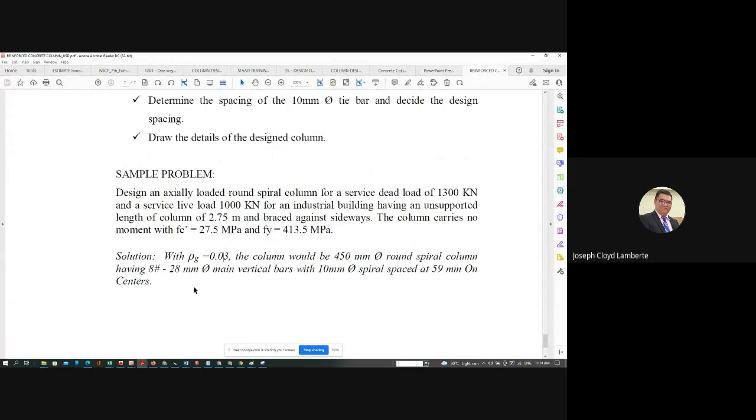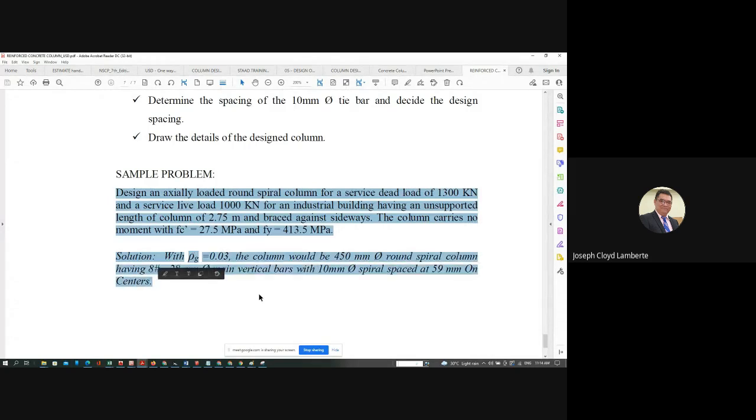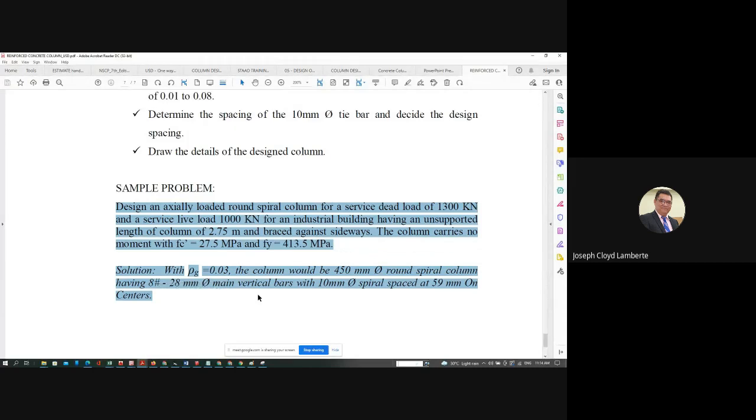So, my intention is for you to do these two sample problems in class. Calculate them and then throw me questions later on if you cannot get them. You already have the solution because this is a class.